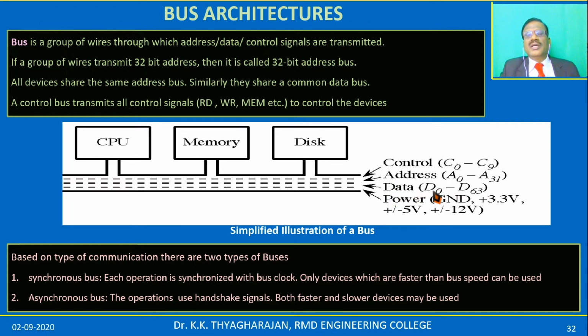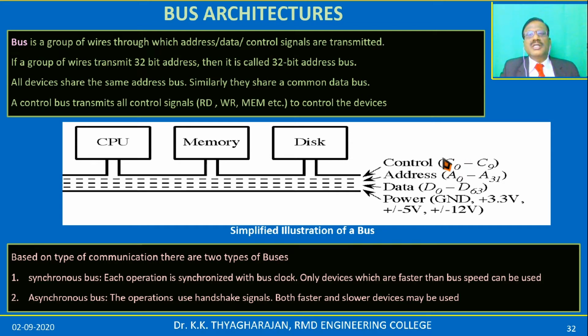Similarly, here we have data lines from D0 to D63. That means a 64-bit data bus. So all the 64 bits will be transmitted through these 64 lines, a group of lines. So that is called the data bus. Similarly, all the control signals form the control bus.